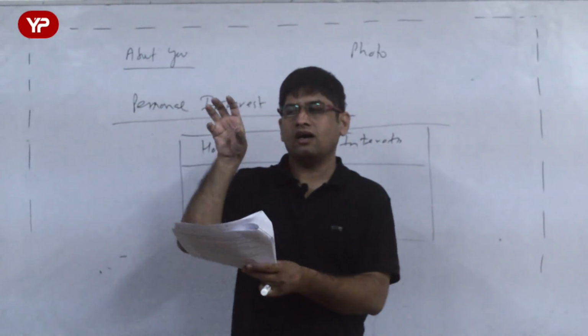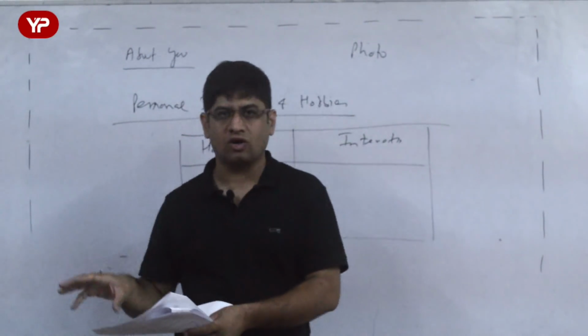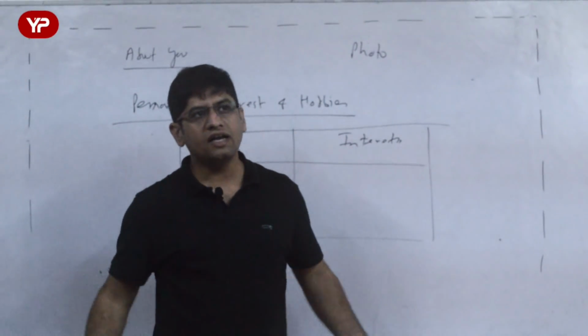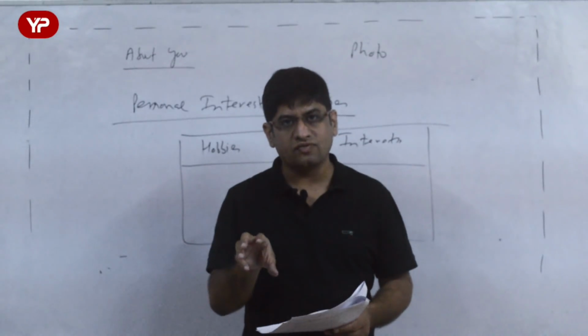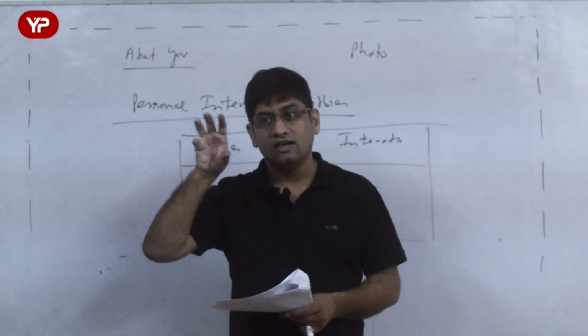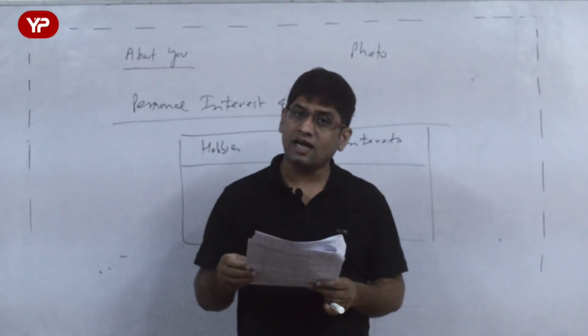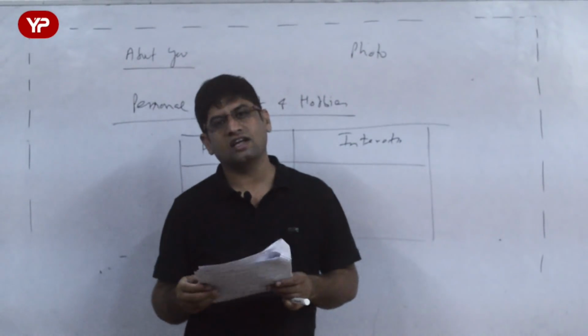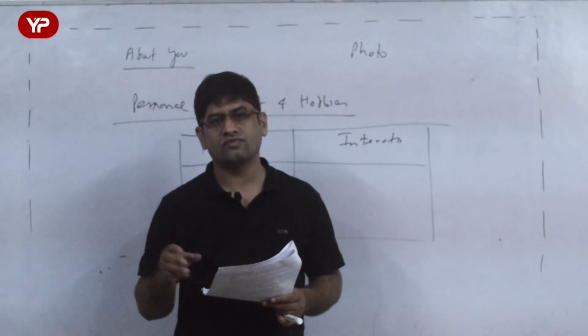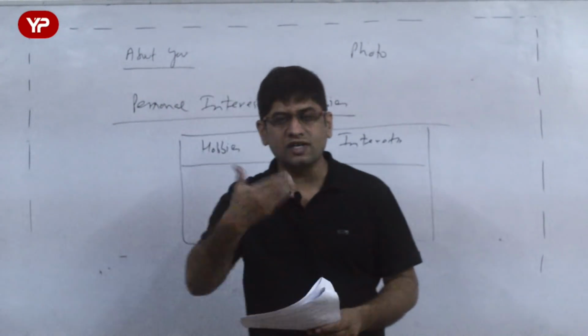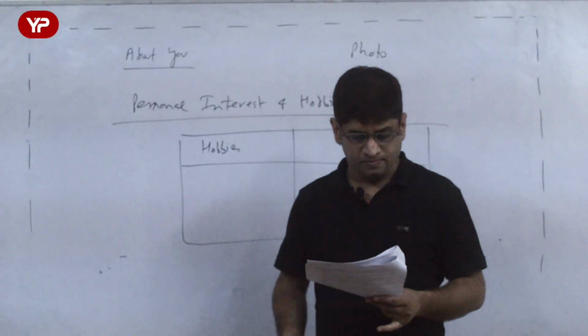Say watching science fiction movies is my hobby, so that it becomes specific. Reading books is very generic, so don't say reading books. Say something very specific, reading spiritual books, let us say, or reading books of this author. That has to be very specific and innovative, so that a good question can be asked from your hobbies or interests, and I am motivated to ask you a question once I read them.